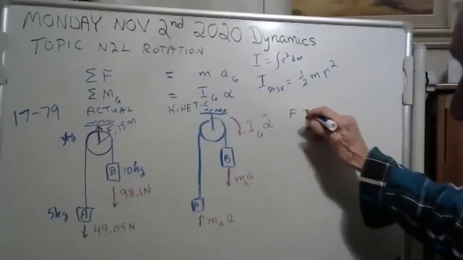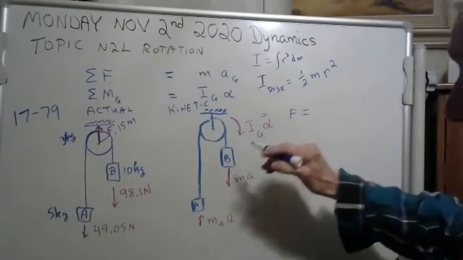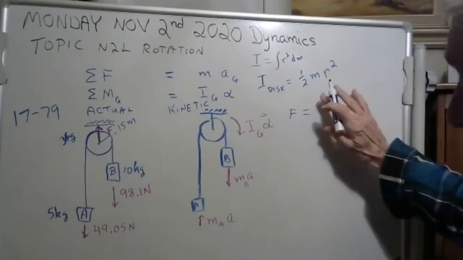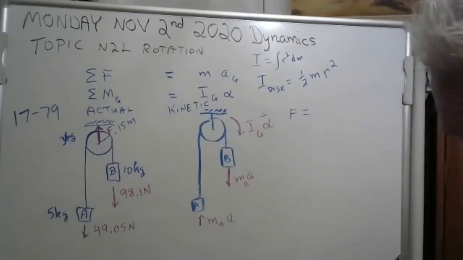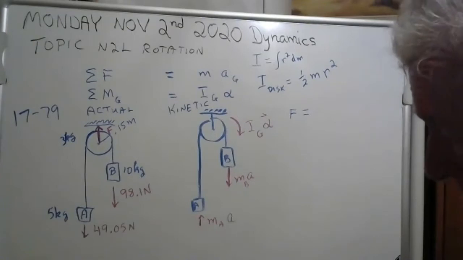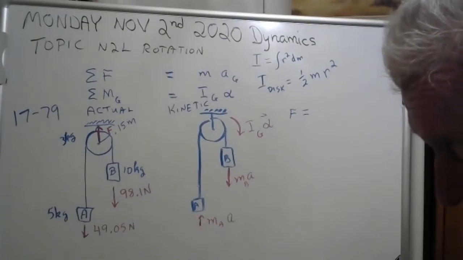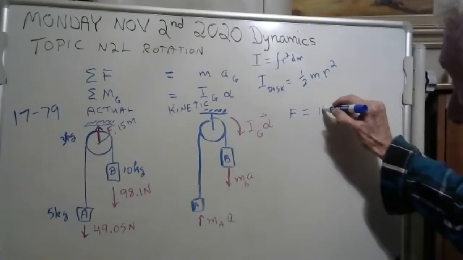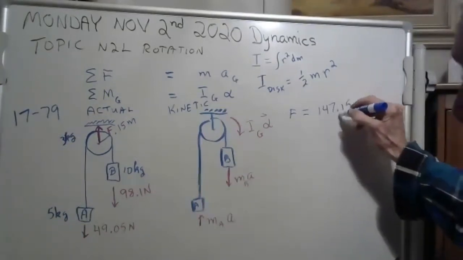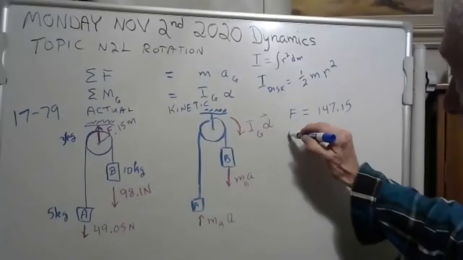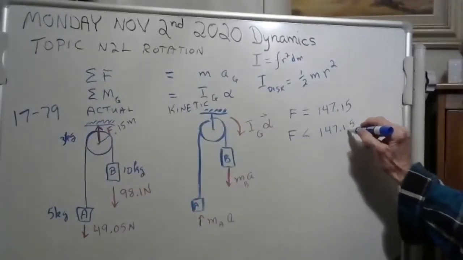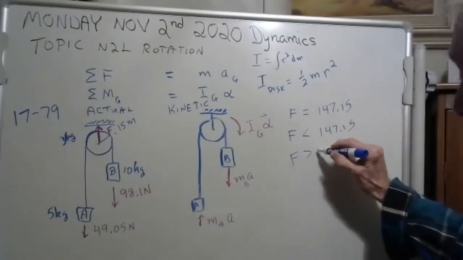That force could equal the sum of these two, which is, well, let me just add those. 98.1 plus 49.05. I'm getting 147.15. Now, that force is either equal to those, or less than those, or greater than those.